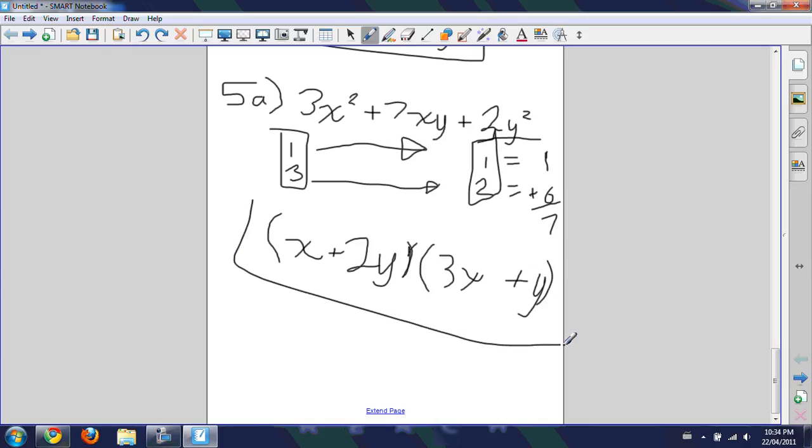So there's your final answer. The only thing different is we added 2y. We added y. We usually wouldn't add that. We would have a number there. But in this case, we have a y.